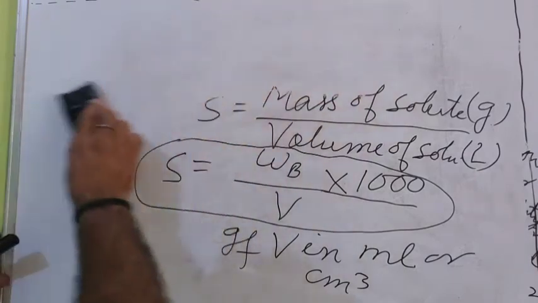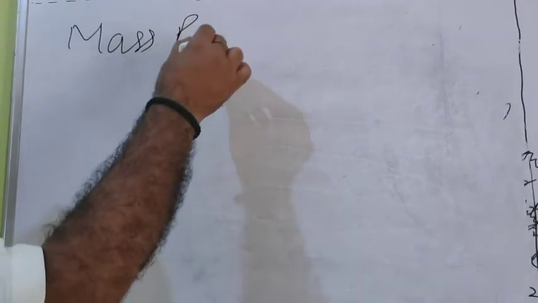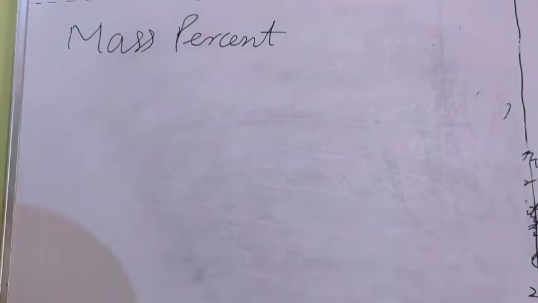Now the second is mass percent. It is defined as the number of parts by mass of one component, that is the solute or solvent, per 100 parts by mass of the solution.